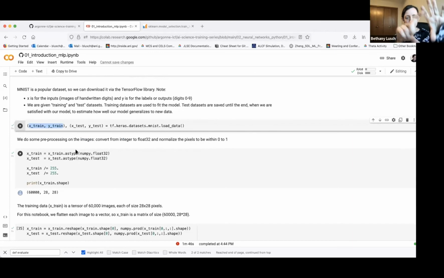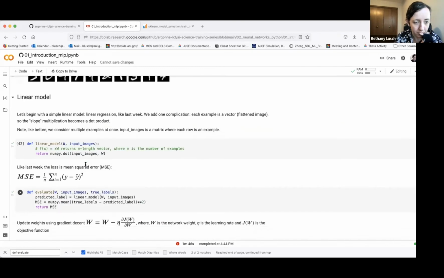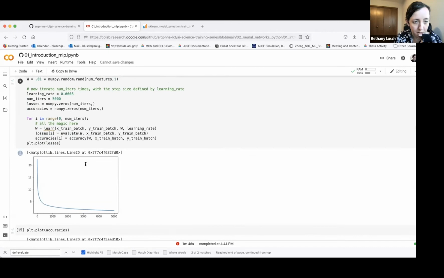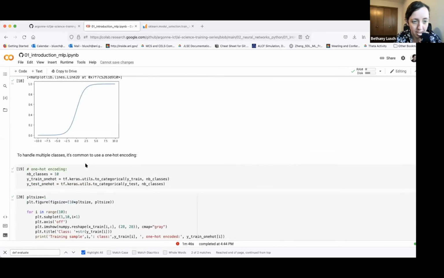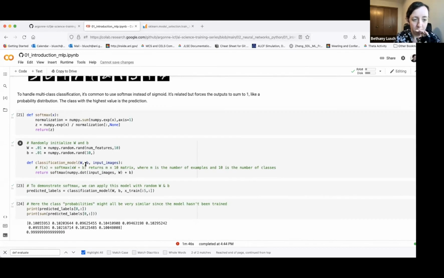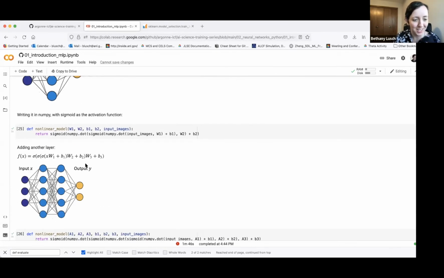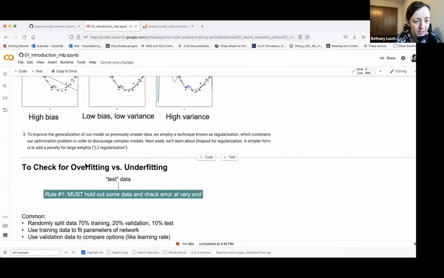And really, we would do this before we start training. So I would import MNIST and then immediately resplit the training data into train and val. And that way, when we fit the model, we're fitting on some percentage, such as 70% of the data.